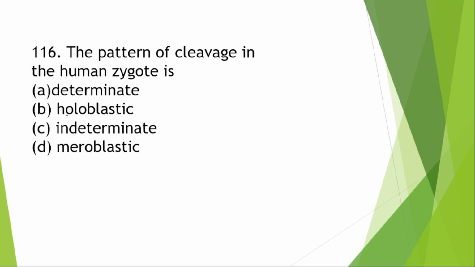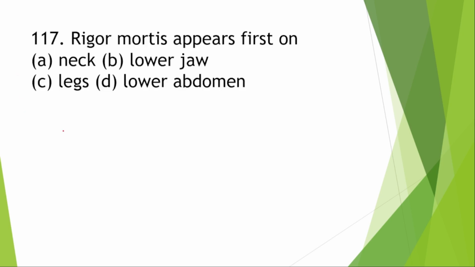The pattern of cleavage in the human zygote is determinate, holoblastic, indeterminate, or meroblastic. So here the right option is holoblastic. 117. Rigor mortis appears first on the neck, lower jaw, legs, lower abdomen. So it first appears in the lower jaw.